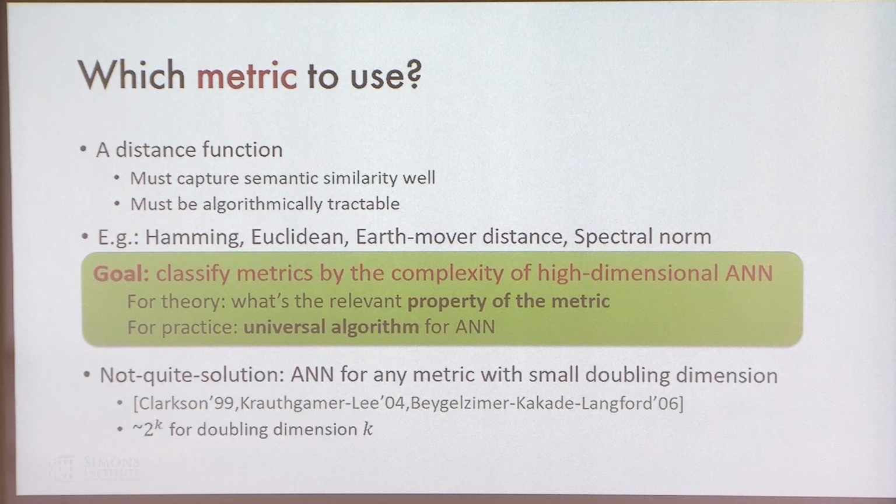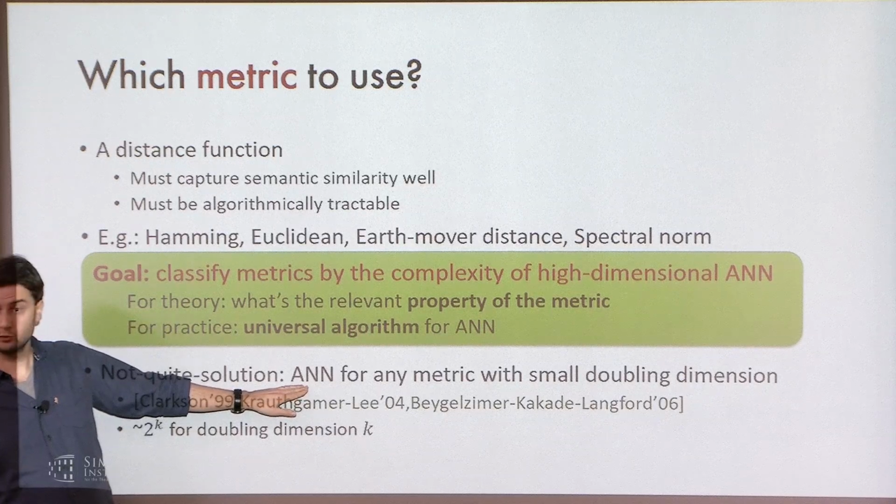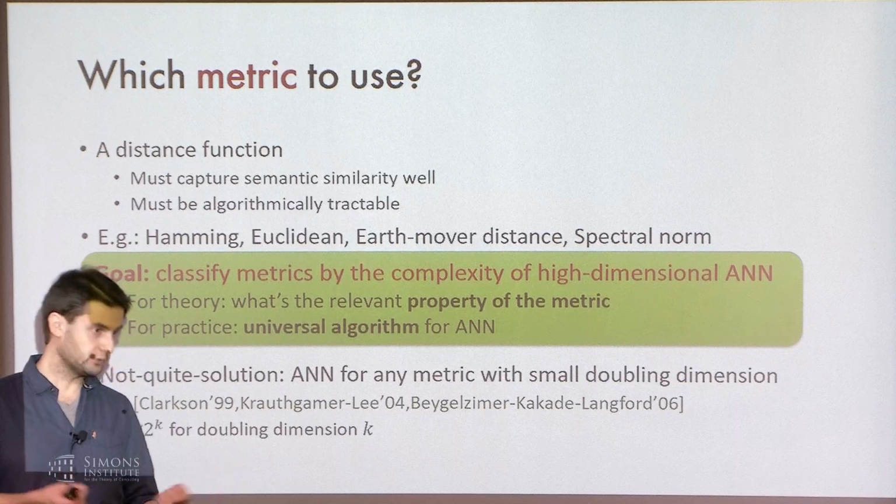Okay, and let me give what I would call not quite a solution. I mean, it's a solution in other situations, but it doesn't quite give a solution for this particular goal. This is designing approximate nearest neighbor search for any metric with small doubling dimension. This is a line of work that applies to any metric, where the only information I get from a metric is that I can ask a black box what the distance is between two points.